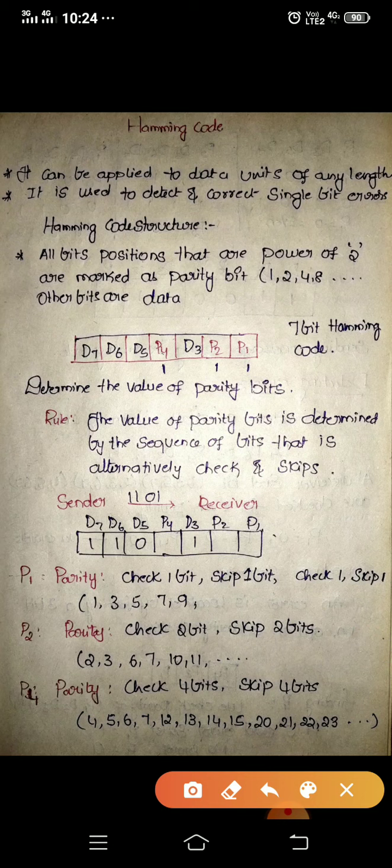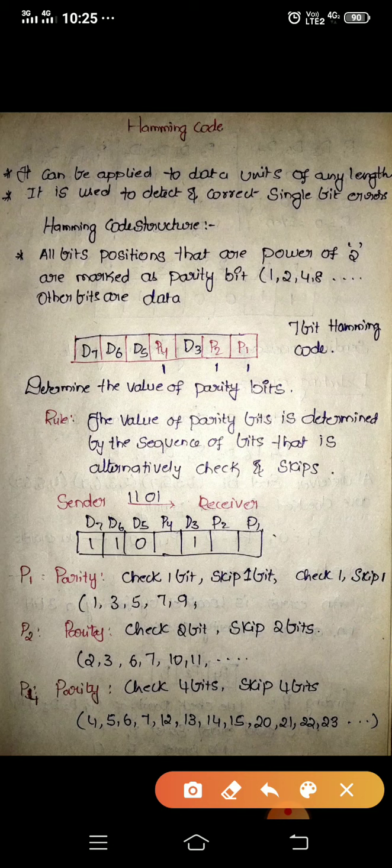Here you can notice that P1, P2, P4 I consider as parity bits, because the P1 position is the 2 power 0 position, the P2 position is the 2 power 1 position, and the P4 position is the 2 power 2 position. As per the rule, we have drawn that table. All the remaining D3, D5, D6, D7 we consider as data bits.